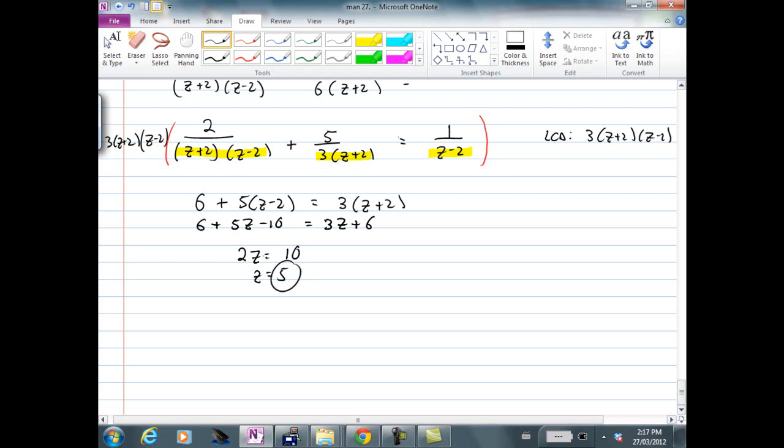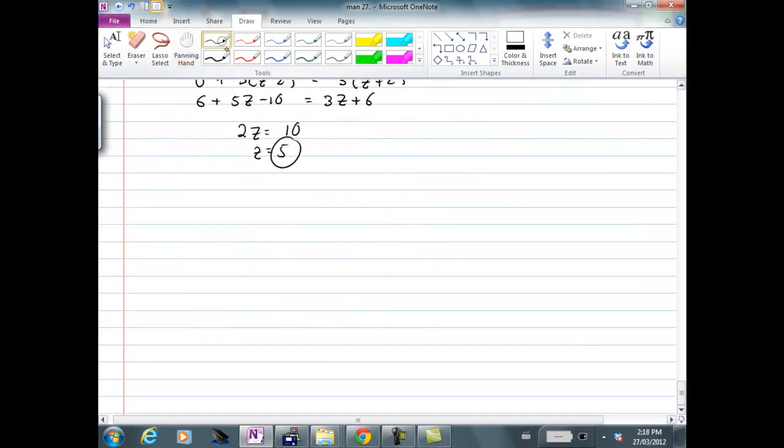I'll give you a question. I want you to do this on your own. Again, I'm going to start easy. Any method you like. Method 2 may be easier for some of you. Y squared minus 9y plus 18.